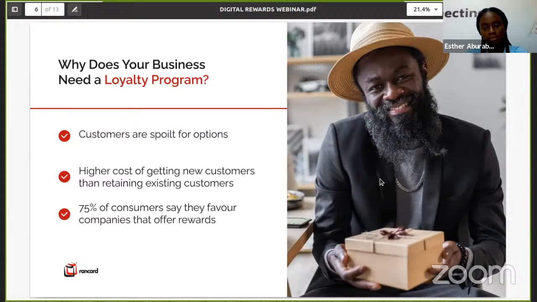These are some of the reasons why a brand needs a loyalty program. And running a loyalty program doesn't necessarily mean that you're going to spend so much, but at the end of the day, you get considerable value added to your sales, your customer base, and your market base as well.